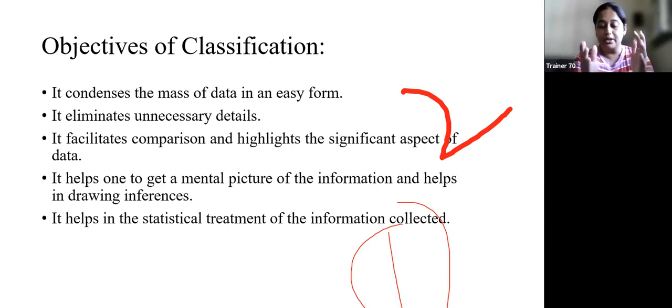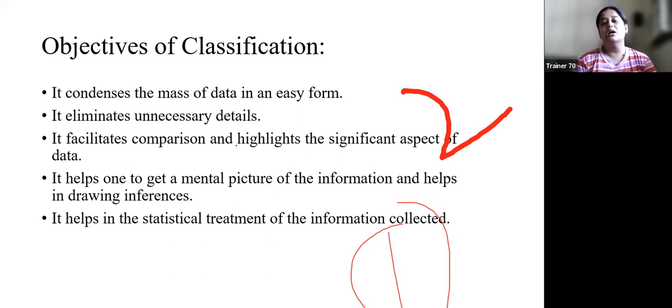So for that आपने उन सबको अलग अलग कैटेगरीज में डिवाइड किया. उसके बाद you can label those categories. Category number 1, all those letters will be dispatched to Mumbai. Category number 2, all these letters will be dispatched to Chennai. Category number 3, all these letters will be dispatched to Bangalore, like this way. So आपके पास जो इतना बल्क में लेटर्स था, the mass of data, उसको आपने एक easy form में कन्वर्ट कर दिया. आप easily उस डेटा को समझ सकते हो कि वो लेटर्स सारे एक ही डेस्टिनेशन के हैं.